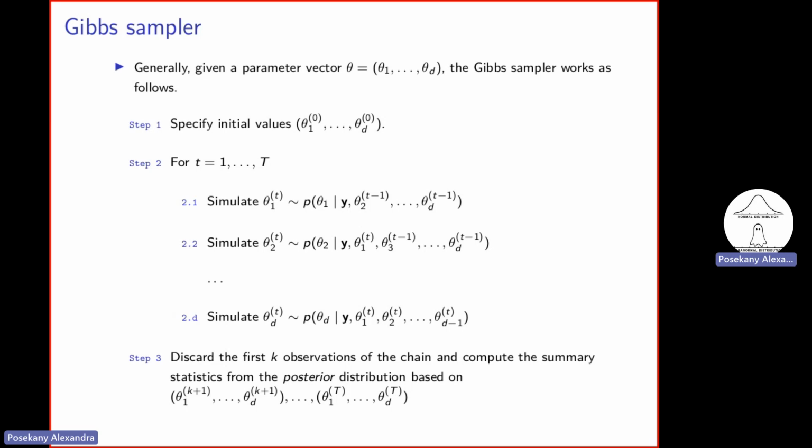Not caring about all the other parameters, because I just plug them in based on whatever starting value. So in this way, I can simulate each of them from a closed form distribution, which is simple enough to obtain, whatever it is. And as soon as I have this one, I can plug in this new value.